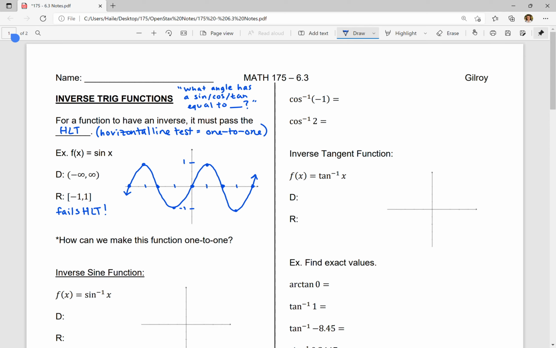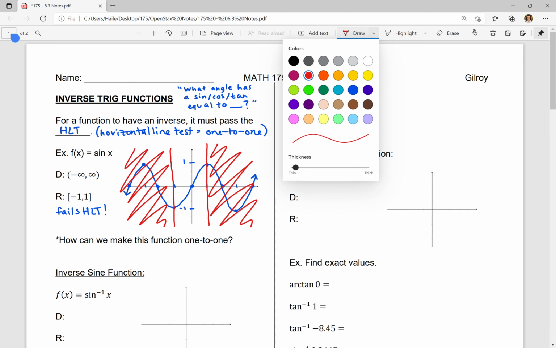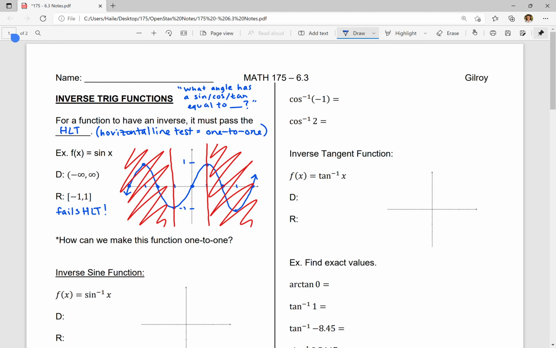One thing we can do is literally just ignore part of the graph. I'm going to switch colors, and let's say that I just start here and I end here, and I ignore all of this, and I ignore all of this. If I restrict my domain in this way, this leaves us with just this little piece of the graph, which if we then redo the horizontal line test, you might notice that little piece is now one-to-one.